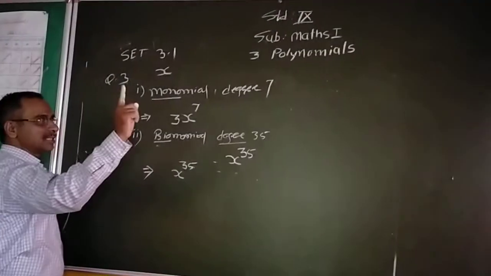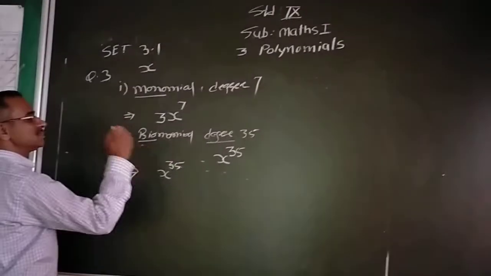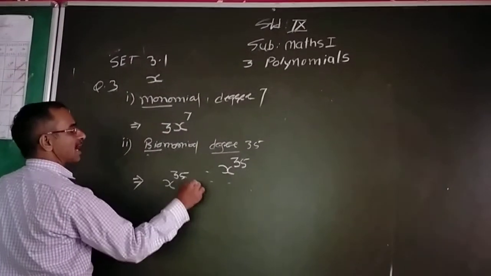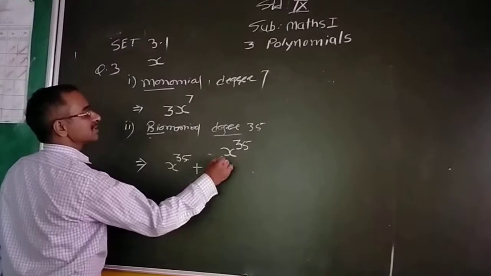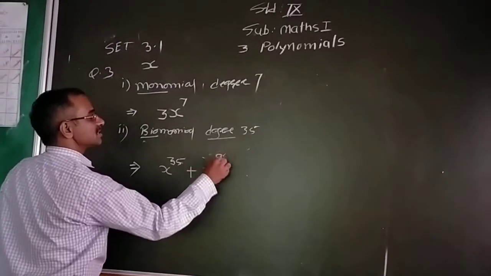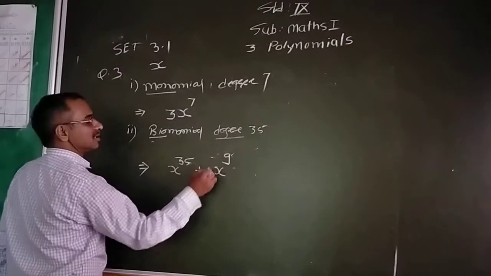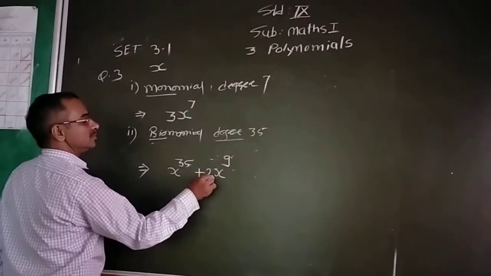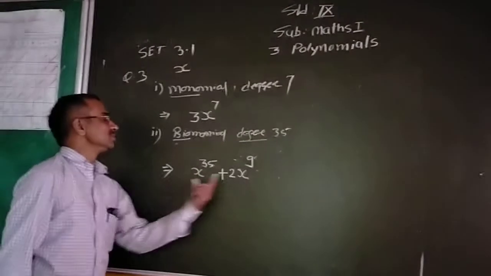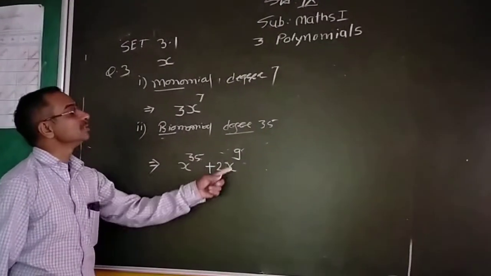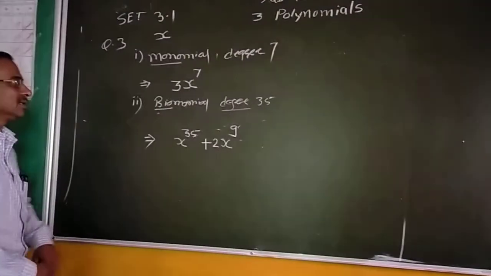A monomial contains one term. In a binomial, 2 terms are contained. Means below 35, we will write any power. Suppose I have taken here x raised to 9 with coefficient 2. How many terms are here? 2 terms. x raised to 35 plus 2x raised to 9. So it is a binomial. This answer is also a random answer.